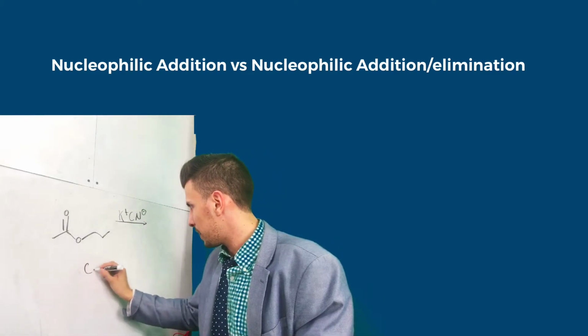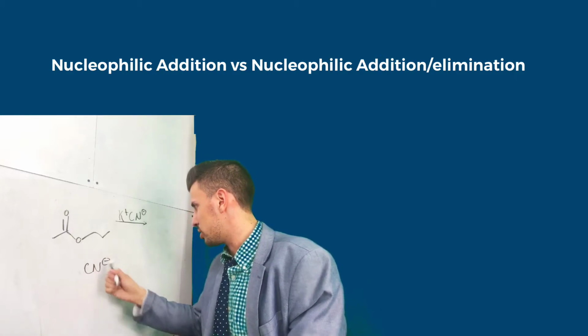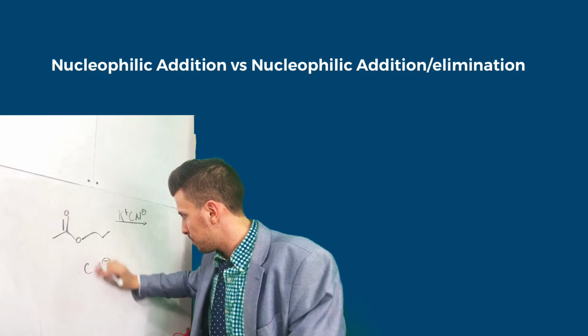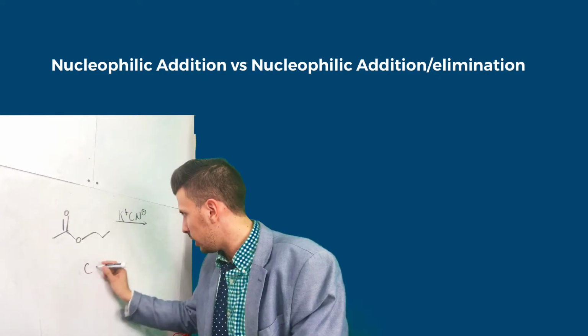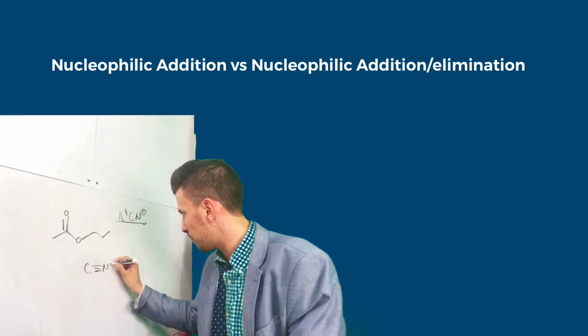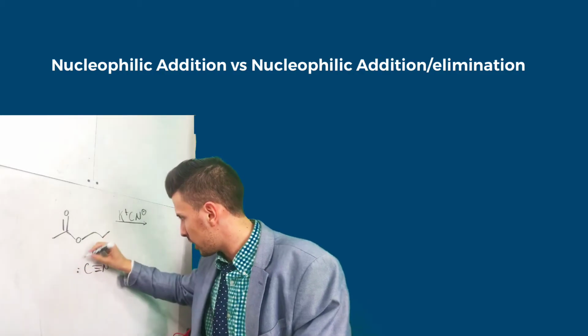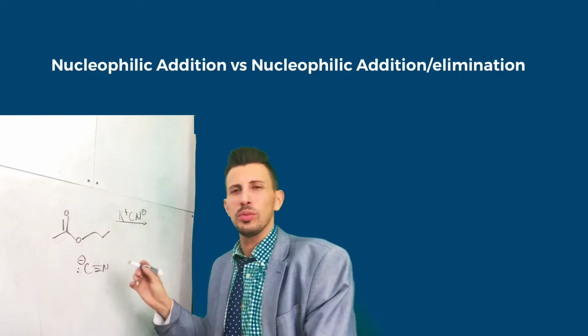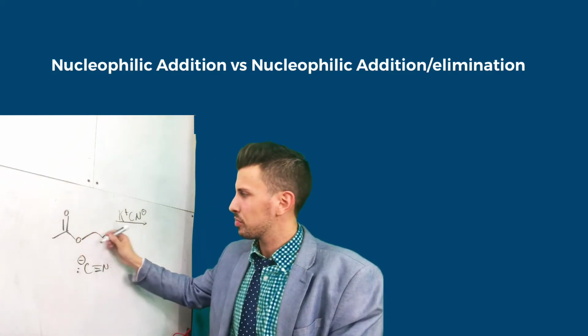Notice that CN with a negative charge by the N is actually misleading, because if we draw the Lewis structure, that negative charge actually pertains to the carbon, which is why in the cyano group, carbon acts as the nucleophile.